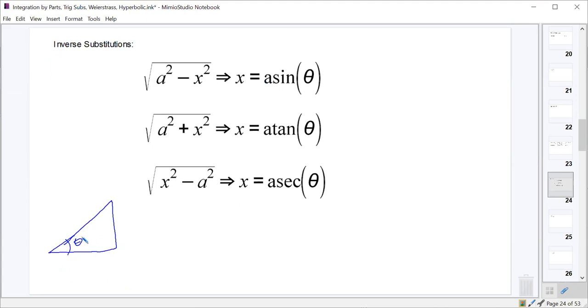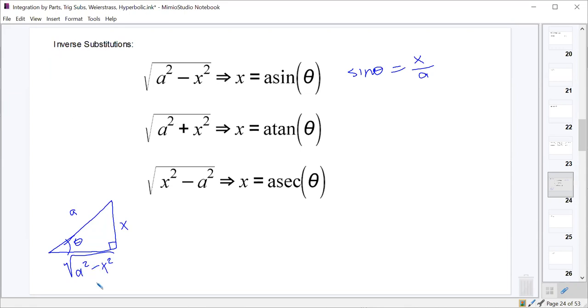If x is a sine theta, that tells you that sine theta equals x over a, right? Which means that the sine of theta on a right triangle should be x over a. And what does that give us for this third side over here? The square root of a squared minus x squared. Right, which is exactly what we're substituting out.